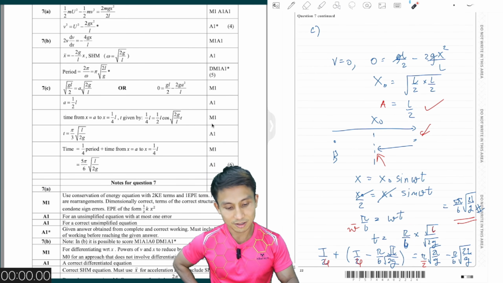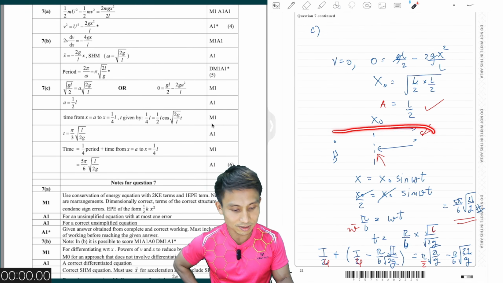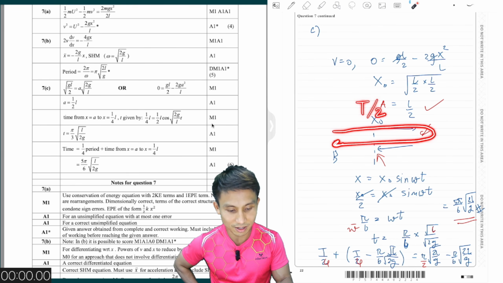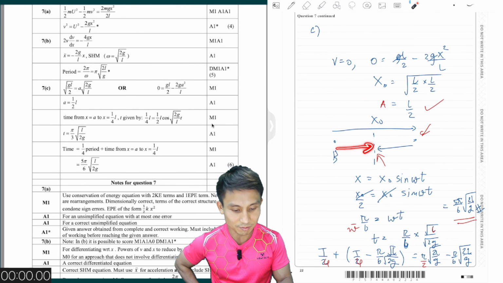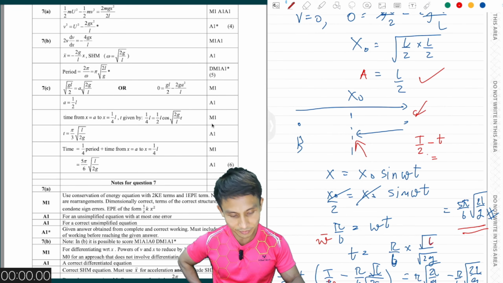But then you have to go this by T over 4. Or actually, you can go this back to this. This is going to be a half period, and then you subtract that little t. So let me try that. So it's a half period minus that little t, the time taken.